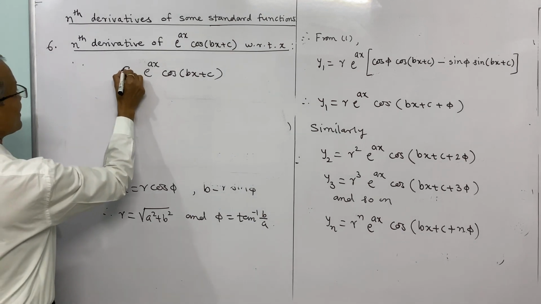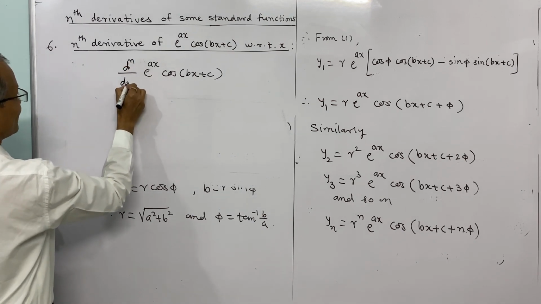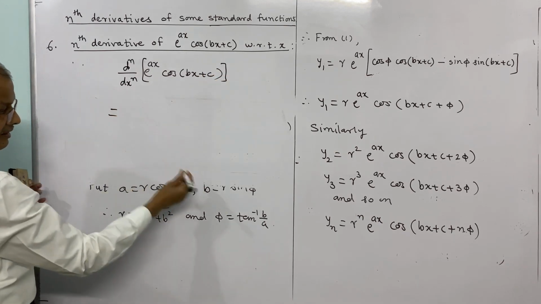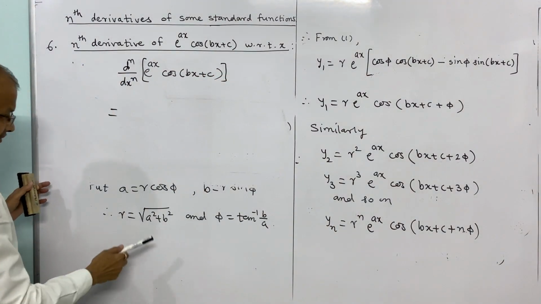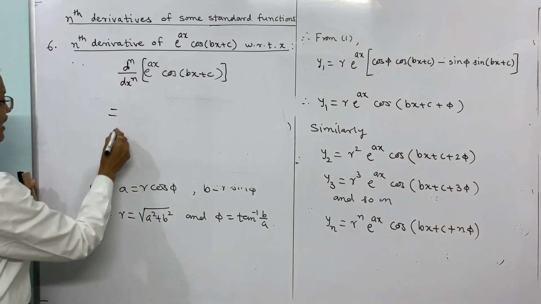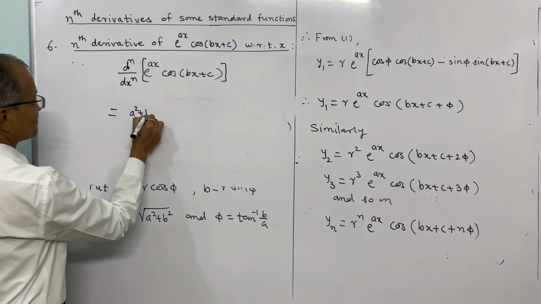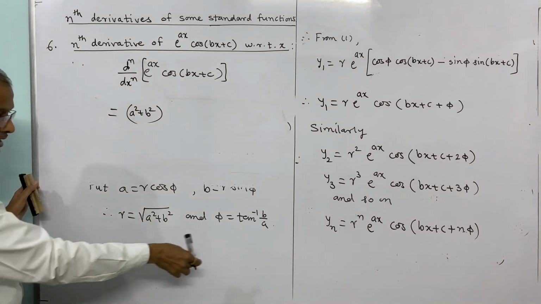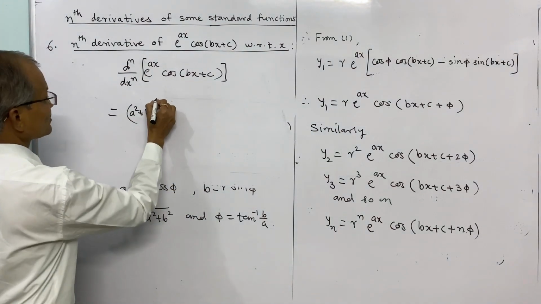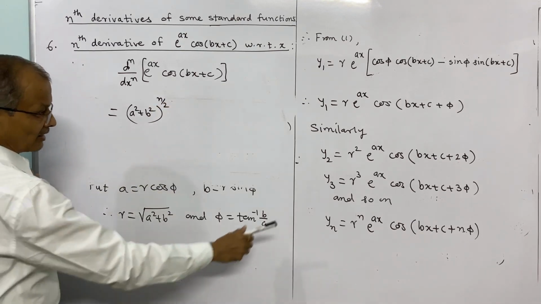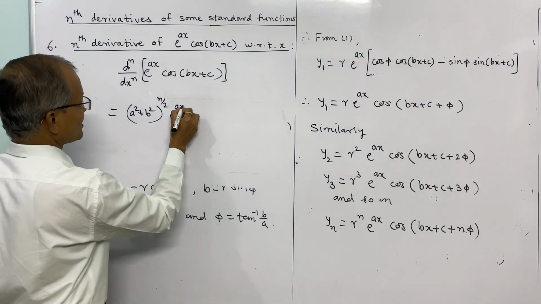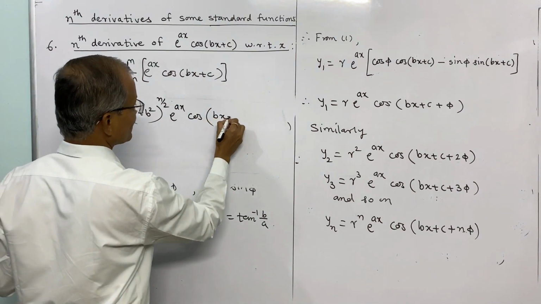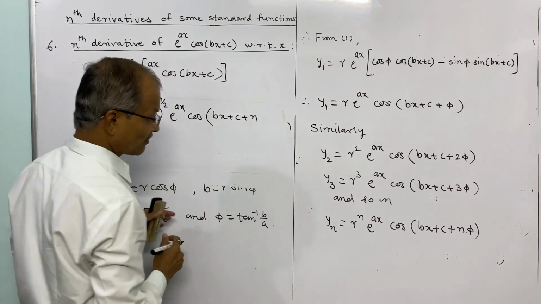So the nth derivative of this function is equal to, see the right side, r to the power n. r is the root of a square plus b square, and root means 1/2 power, and again it is raised to the nth power, so it is to the power n by 2, and e to the power ax cos of bx plus c plus n times phi.